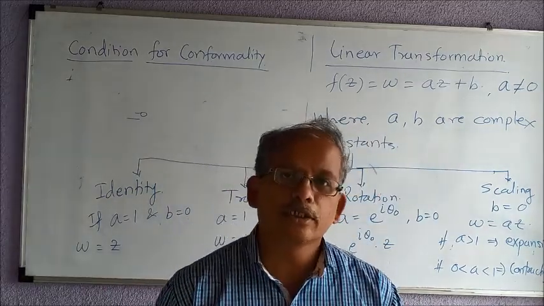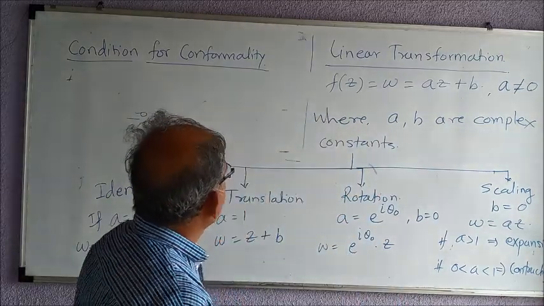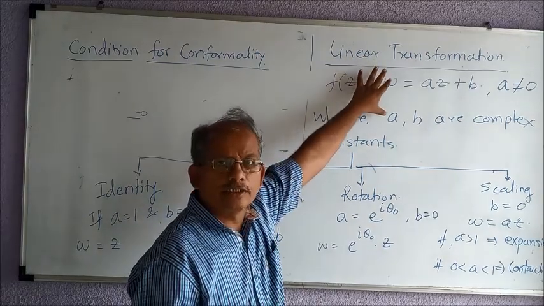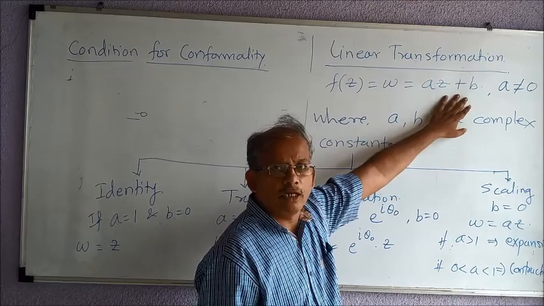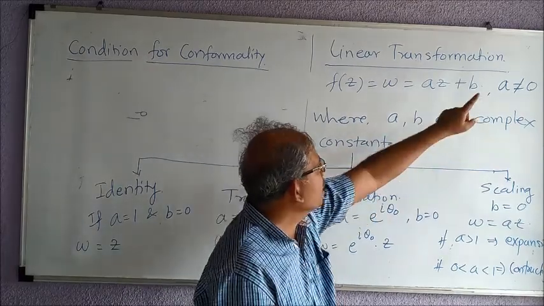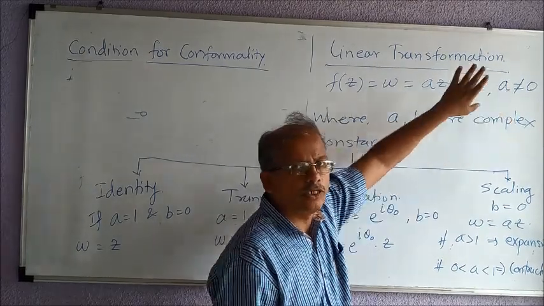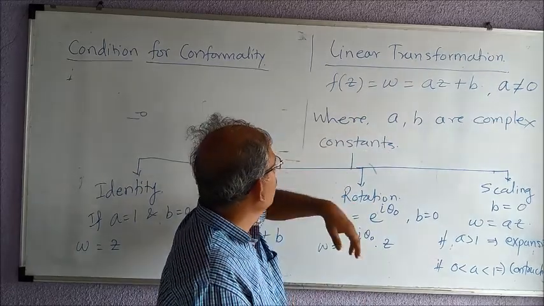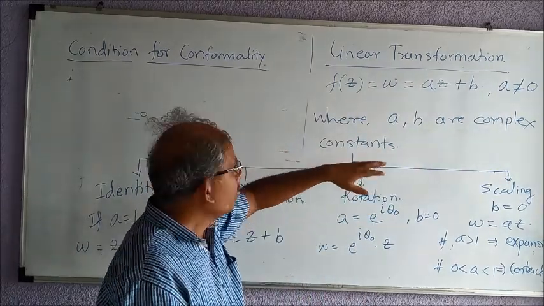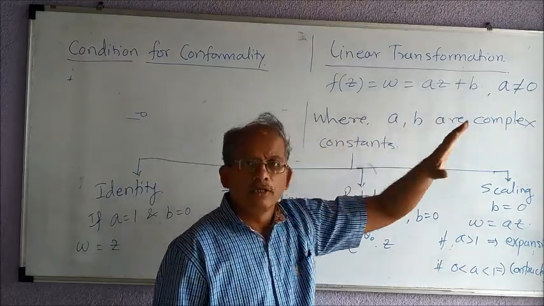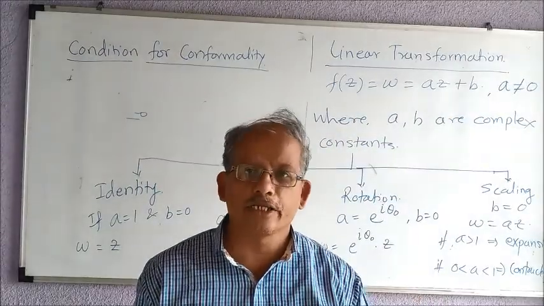Let me just repeat this. We are considering a linear transformation w equal to az plus b, where the condition is that a is not equal to 0, because we need to keep it conformal. a and b are complex constants. Depending on their values, we have different types of linear transformations.